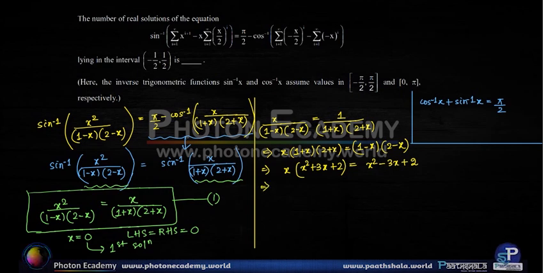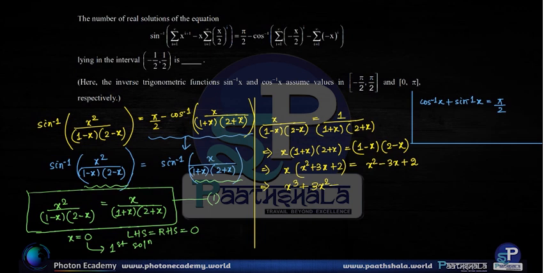That implies we have x cube plus 3x square plus 2x is equal to x square minus 3x plus 2.